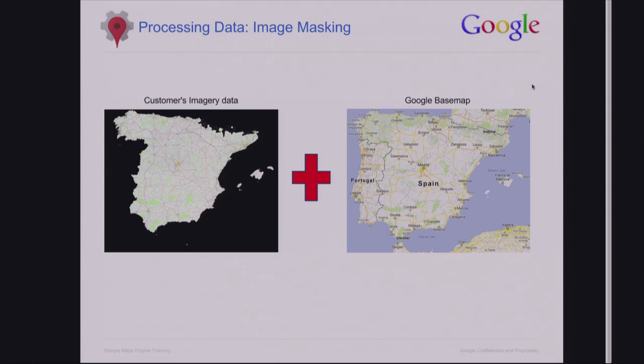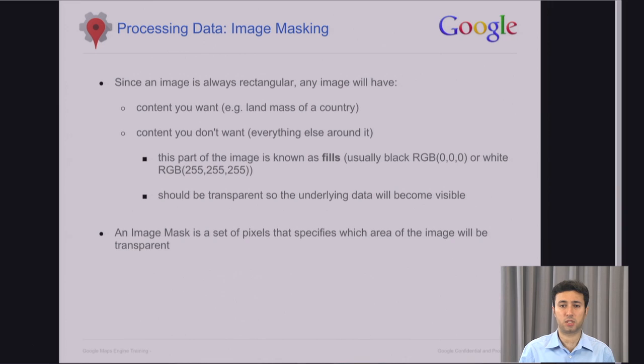Typically, with imagery data sources, to make it easier to identify between content that you want and content that you do not want, the unwanted part is usually either black, RGB 0, 0, 0, or white, 255, 255, 255. Sometimes, depending on how the image was produced and processed, they may be slightly off black or off white, and we will get into that in just a while.